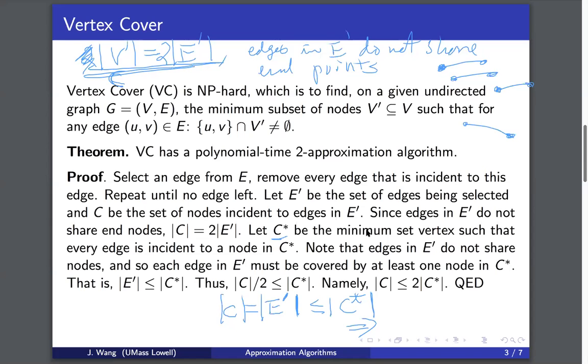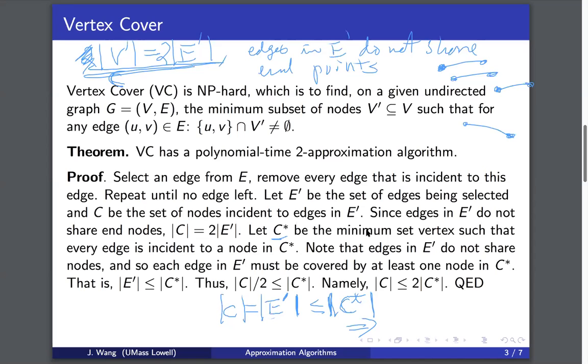So now we know that each edge has at least one point in C star. So the number of edges should be bounded above by the number of nodes in my optimal cover, in the minimum cover.